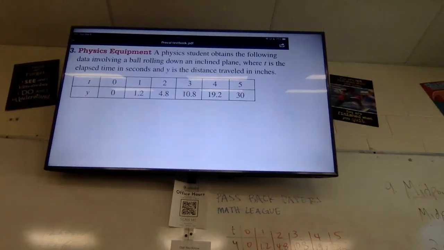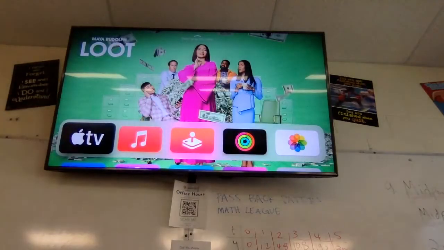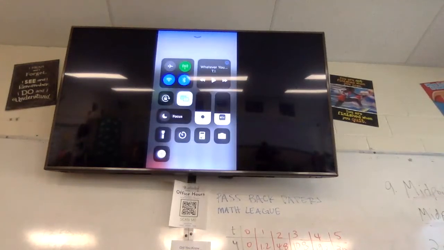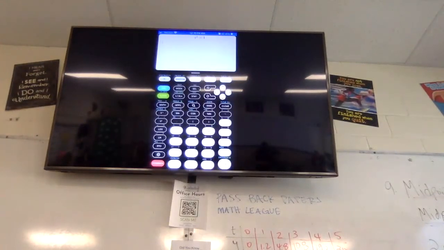I'm going to flip my screen mirroring over to the calculator. I'm going to go through a process with you on how to put this into the calculator. All right, so again, last class acted like they'd never seen this before, so I'm going to act like you guys have never seen this before too. First thing we're going to do is go to stat.